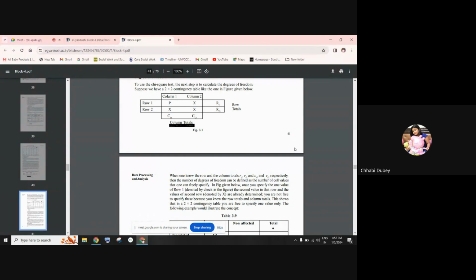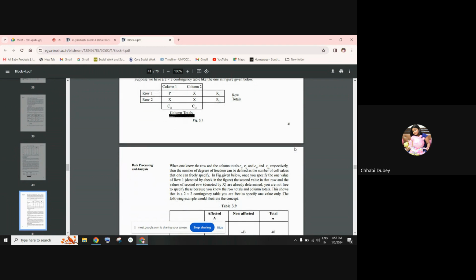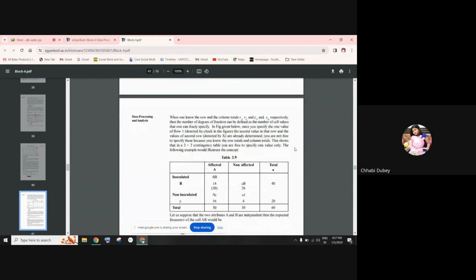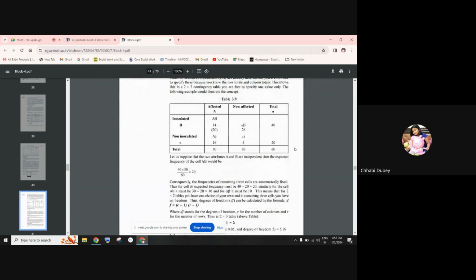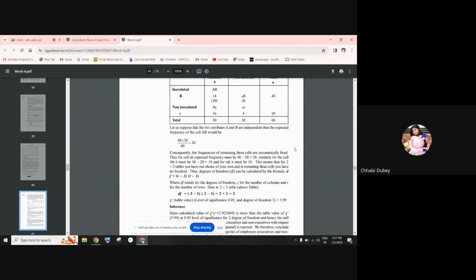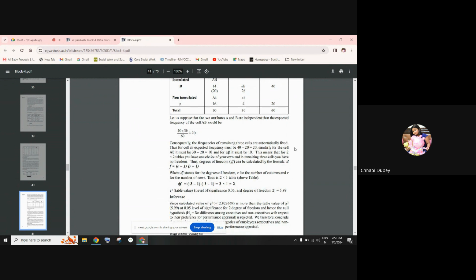So we will have to calculate these cell values if we want to calculate the chi-square test. These values, the degrees of freedom, can be calculated from the formula above.